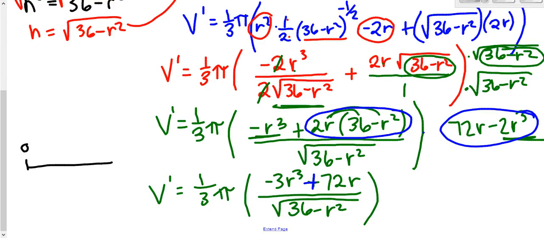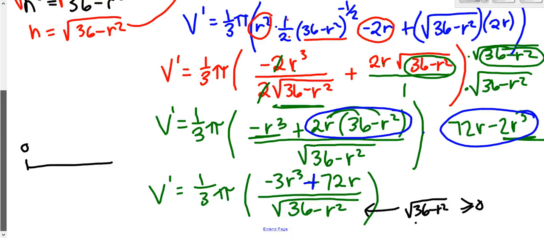If you look at the denominator here, we cannot take the square root of a negative. So we don't want this to be negative or equal to 0. So if we take the square root of 36 minus r squared, we want it to be greater than or equal to 0. So that means we want what's underneath to be greater than or equal to 0.